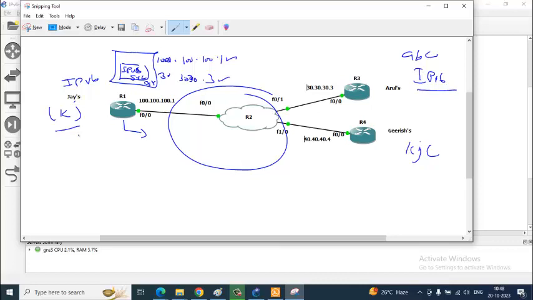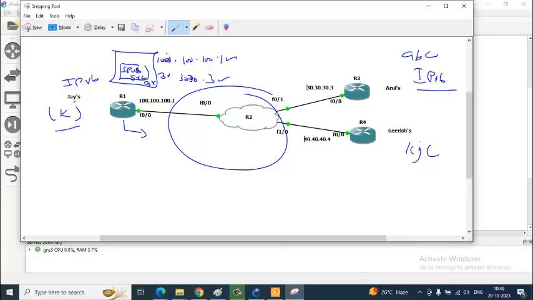When I ping from KJL to ABC, how does R1 know that I have to encapsulate with the destination IPv4 address 30.30.30.3? Or when I reach KJL from LKJ, KJL is Girish, how does R1 know that I need to deliver this packet to 40.40.40.4?